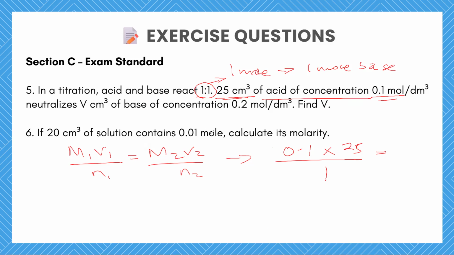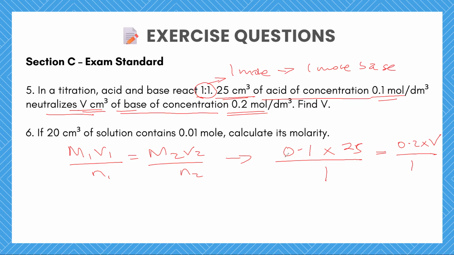So this becomes equal to M2. M2 stands for the molarity or the concentration of the base, which is 0.2. So 0.2 times an unknown volume of the base. Remember, they said it neutralizes V cm cube of the base, so we don't know what the volume is. So let's just put multiplied by V divided by the number of moles of base used, which was also 1 in this case.